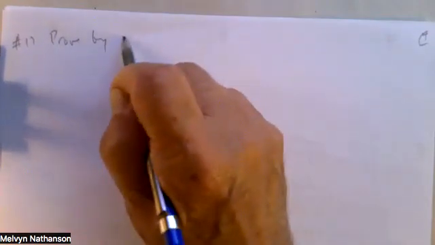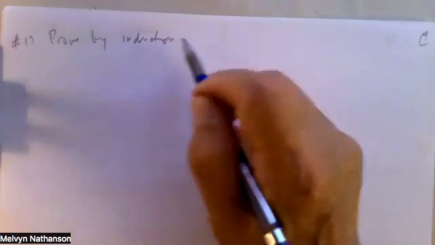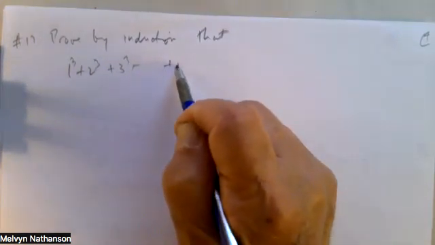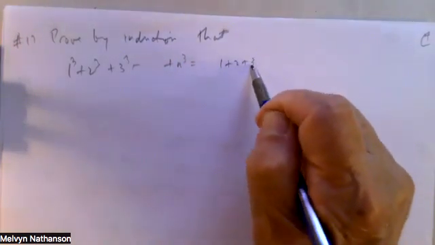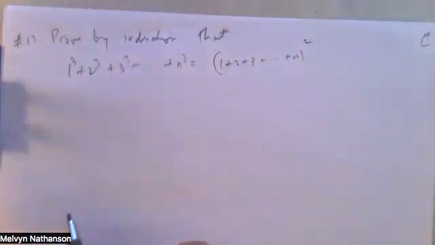So problem 17 is prove by induction that if you take the sum of the first n cubes, you get exactly what you get by taking the sum of the first n numbers and squaring it.